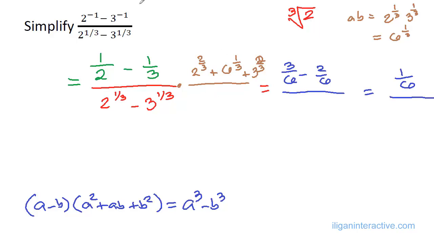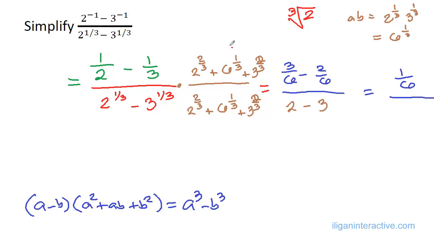And again, just copy that here. The result is supposed to be just a cube minus b cube. The cube of 2 to the 1/3 is simply 2, minus b cube. B will be 3 to the 1/3 cubed, which is just 3, and of course the top will remain to be this.